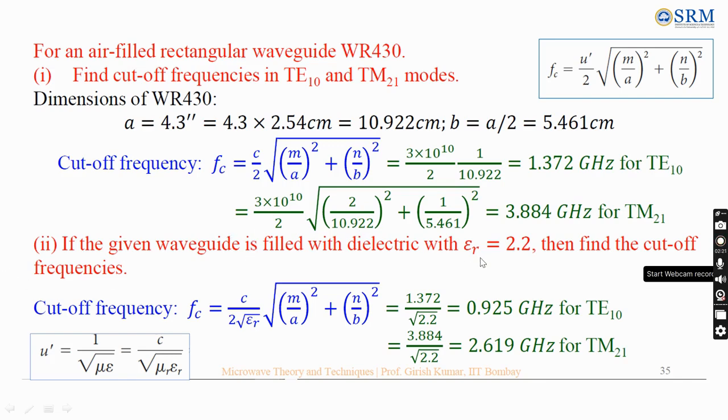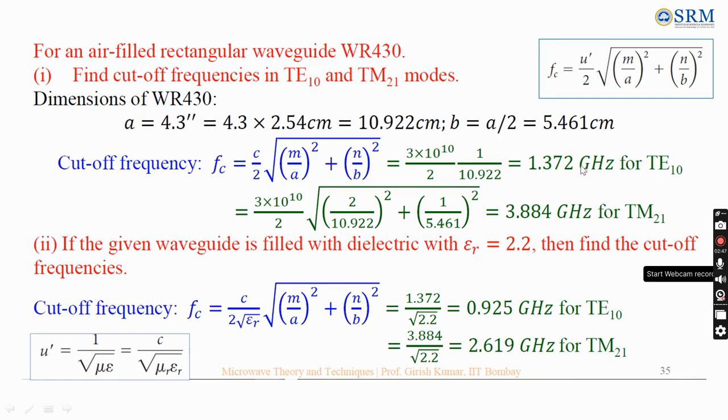If it is filled with a dielectric, u' we know is equal to 1 by root of mu epsilon. So I can rewrite it as 1 by root of mu naught mu r into epsilon naught epsilon r. 1 by root of mu naught epsilon naught is c, the velocity of light, and that is divided by root of mu r epsilon r. Mu r they have not mentioned, so we can take it as 1. Epsilon r is 2.2. So what is the inference?